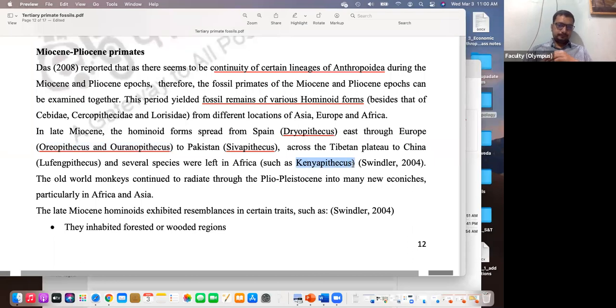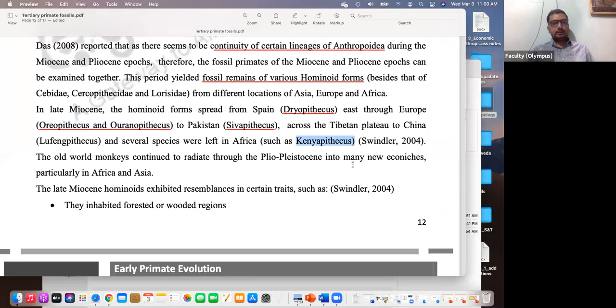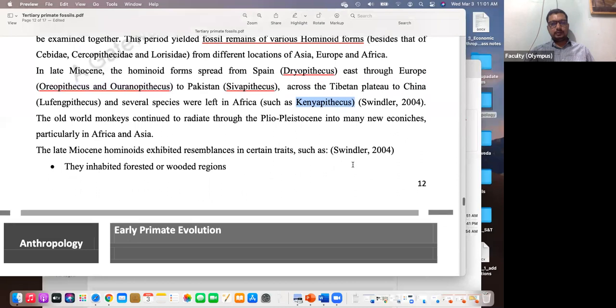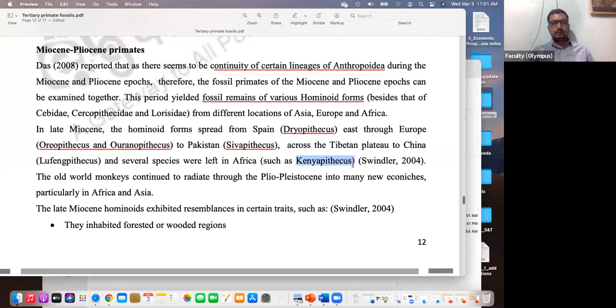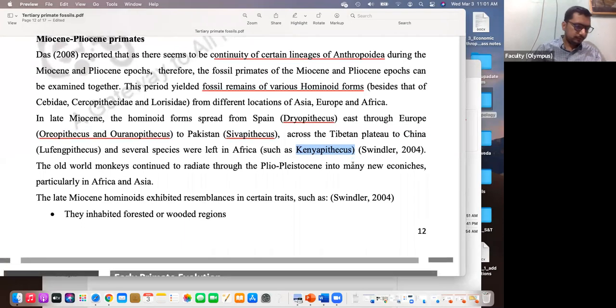These are some of the evidences of primates that we found in the Miocene and Pliocene periods.